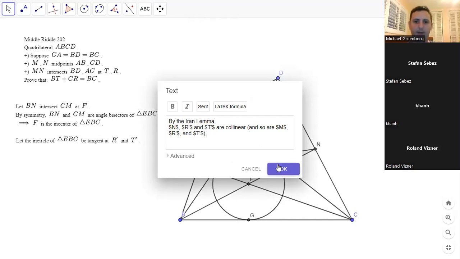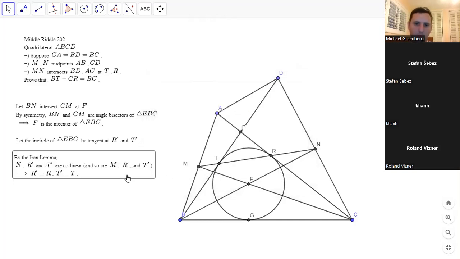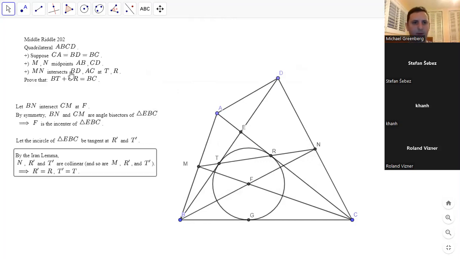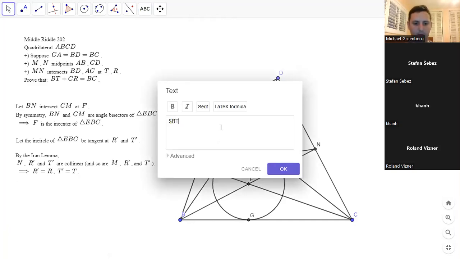And then that means that R prime equals R and T prime equals T. And then once we know that, BT equals BG and CR equals CG. So BT plus CR equals BG plus CG equals BC.